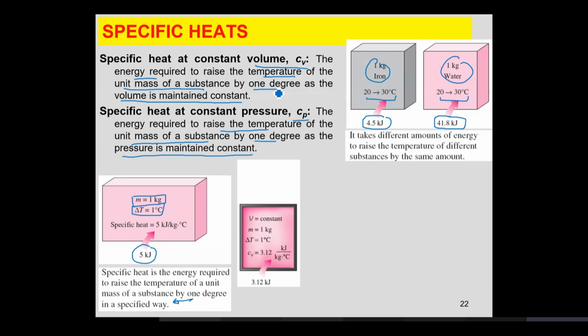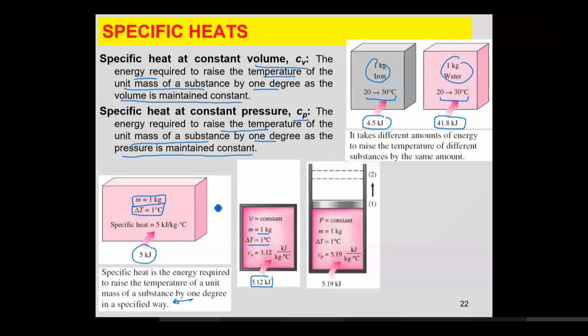Now, if I look at the two processes over here, when the volume is constant, and you have a mass of 1 kg, you change the temperature by 1 degree, you have to provide 3.12 kilojoules of energy. This is for any substance, let's say helium. But for the same substance, if you have to raise the temperature by 1 degree, keeping the mass as 1 kg and your pressure is constant, you would have to provide more energy.